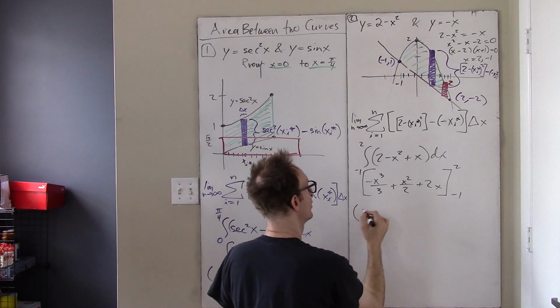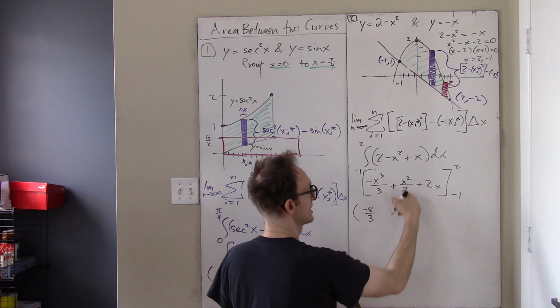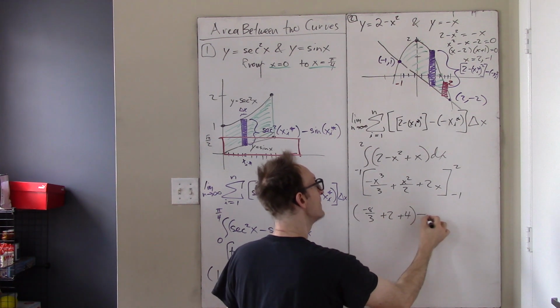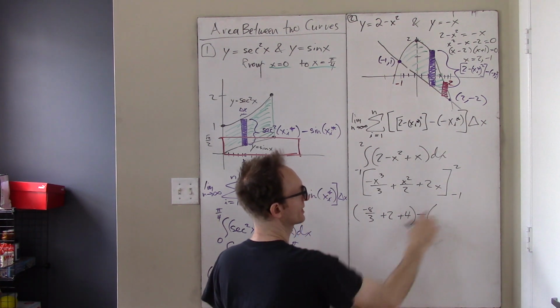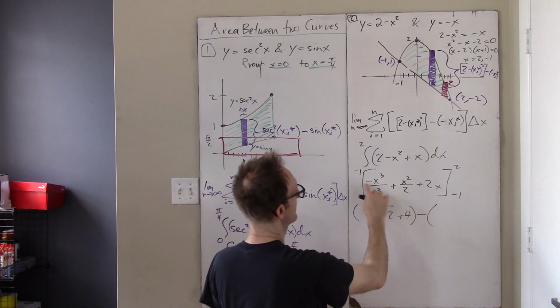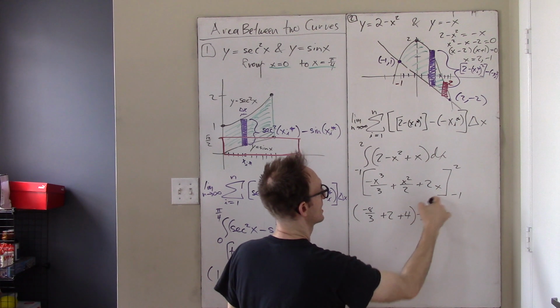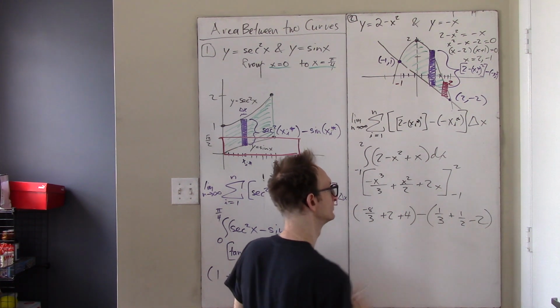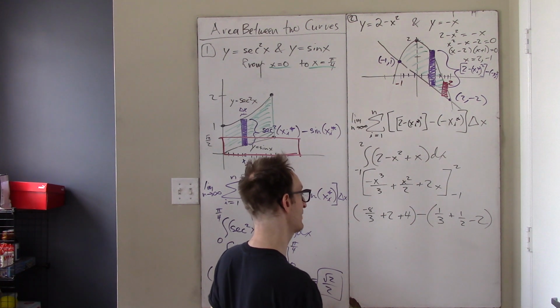Okay, great. And now let's do it. If I plug in 2, I get negative 8/3 plus 2 plus 4, minus, you gotta use a lot of parentheses if you're gonna get this right, plug in negative 1 and that gives you negative 1/3, but then so plus 1/3 plus 1/2 minus 2. I think I did that all right.